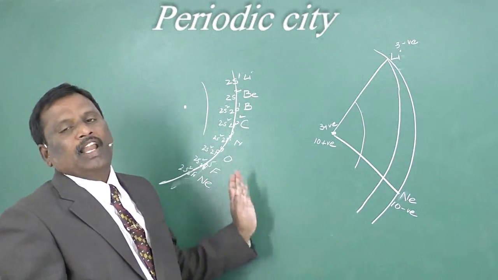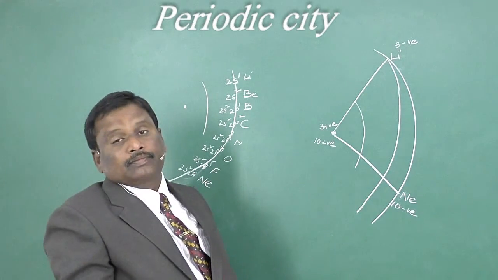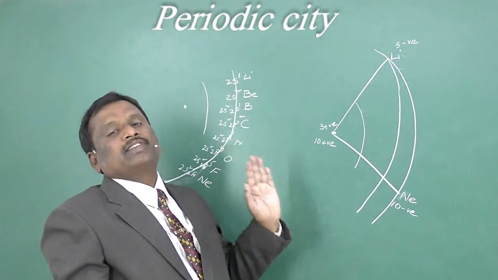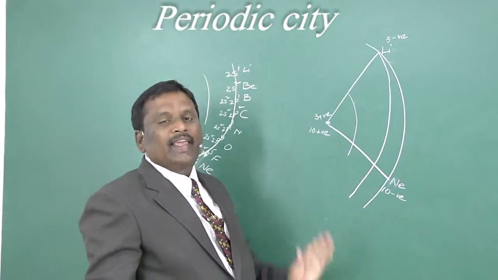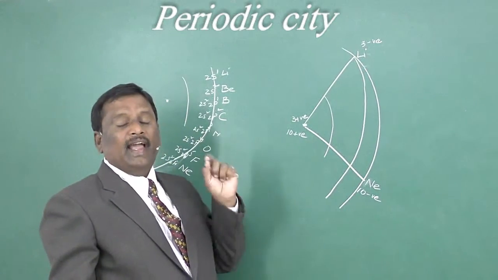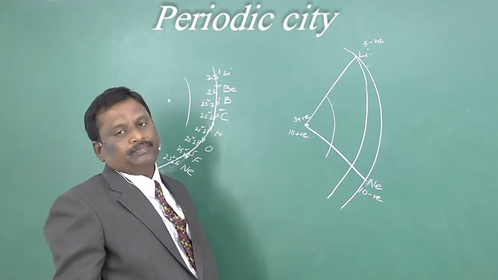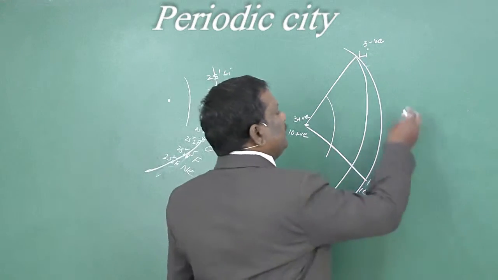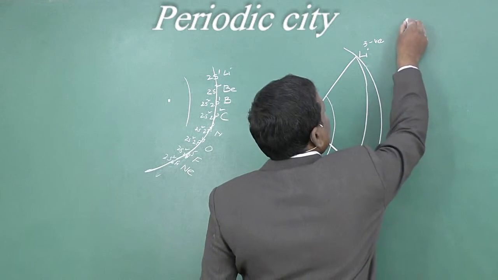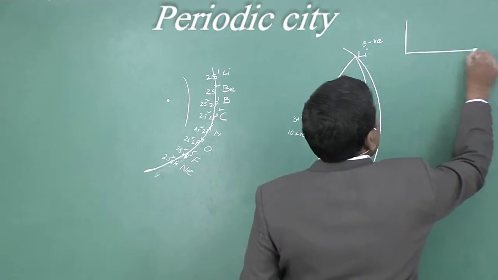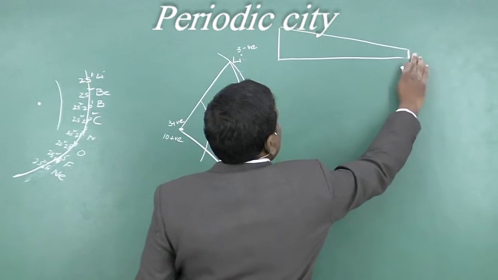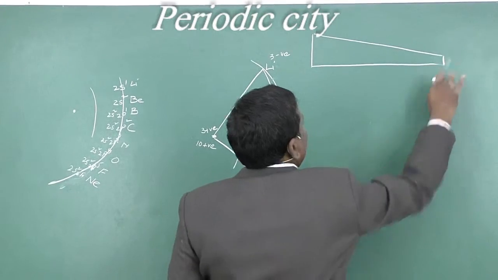That's why from left to right in a period, as atomic number increases, atomic size gradually decreases. This is observed in second and third period elements. This is the trend in second and third period.